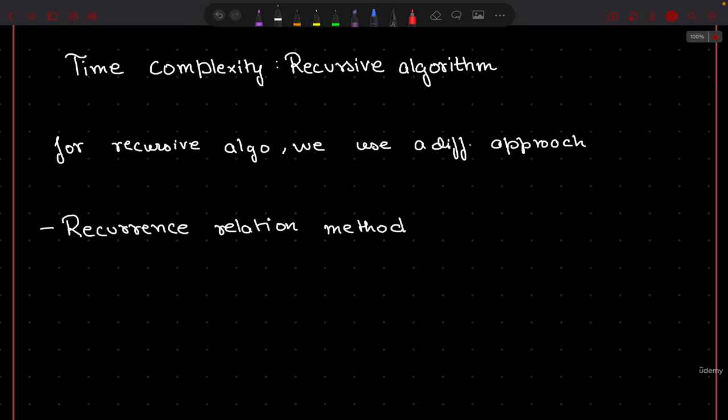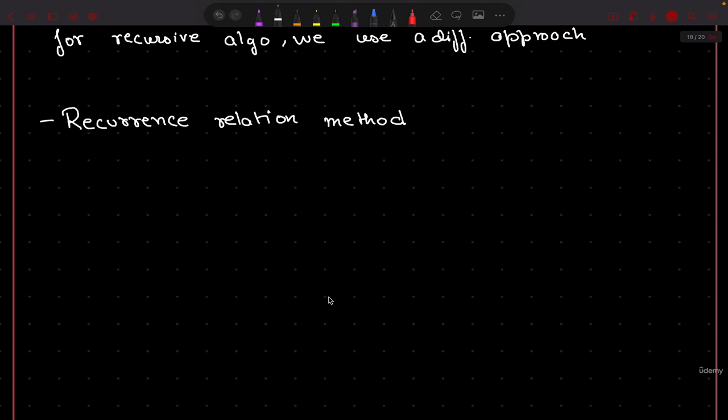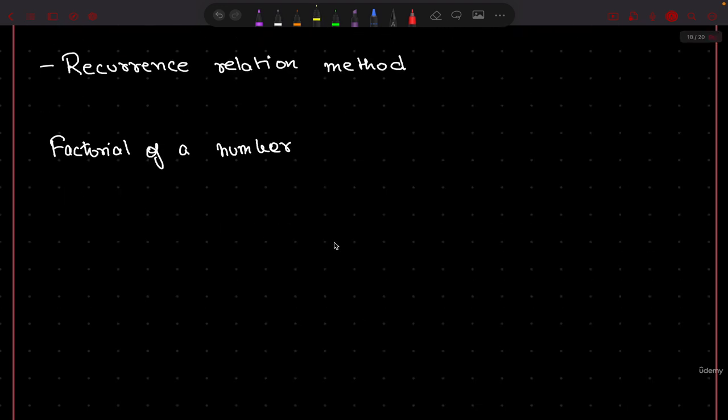So let us begin, everyone, and let us take an example of the factorial of a number, some code which we have done using recursion. So let me write this down as well, factorial of a number, right? Now when we talk about factorial, let me write down the recursive code for the same. It's going to be something like this.